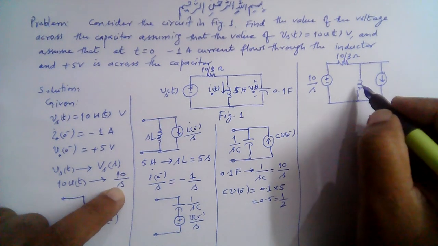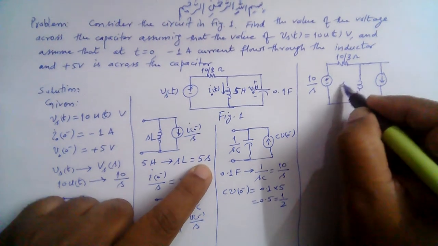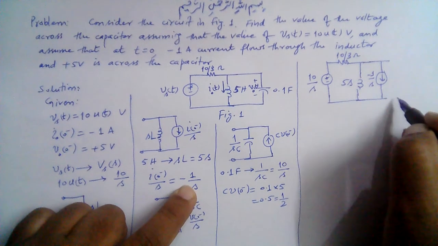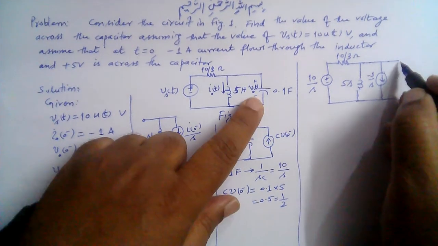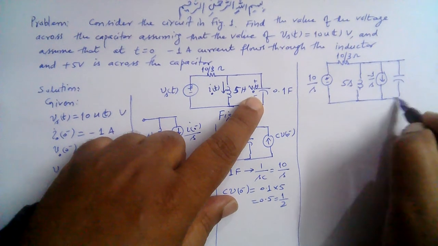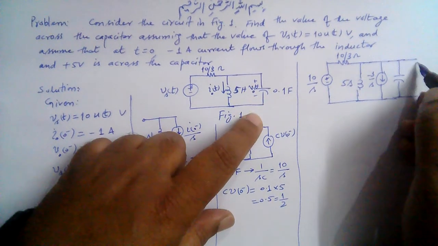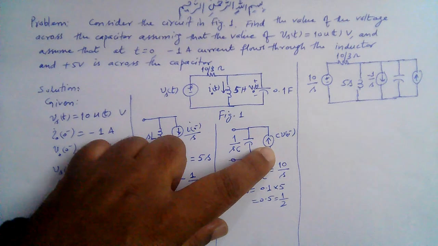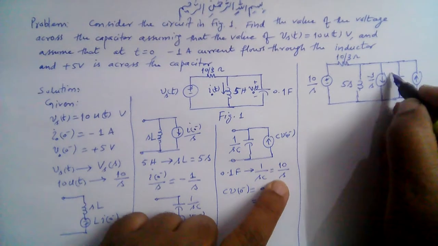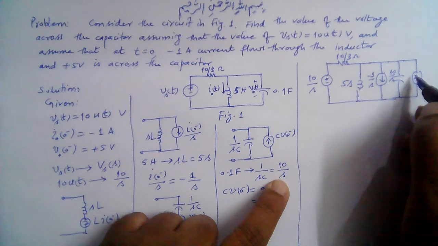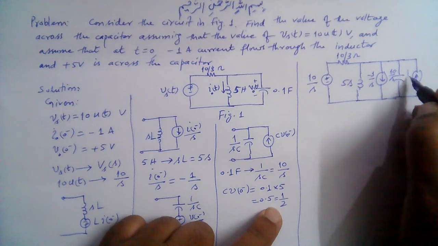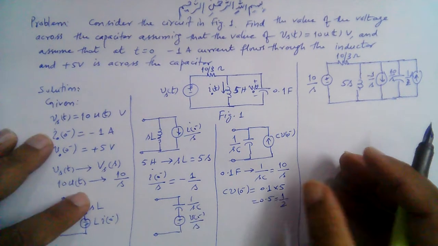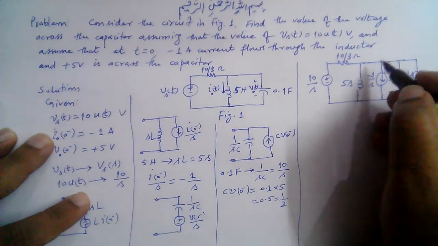This is SL, which is 5S, and this is minus 1 over S, and this then is in parallel with this capacitor, and due to the initial condition we have a current source here in parallel with this capacitor. So the capacitor is 10 over S, and the current is 1 over 2 ampere, right?